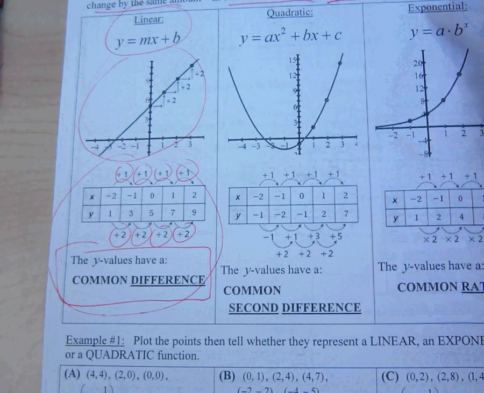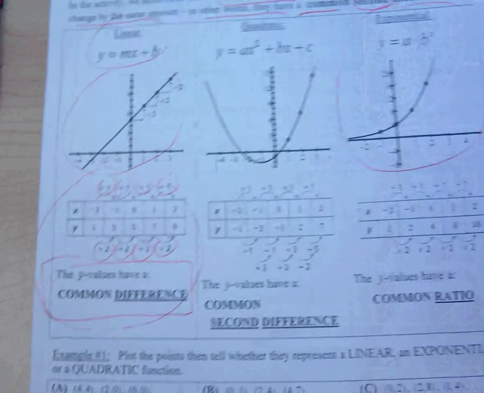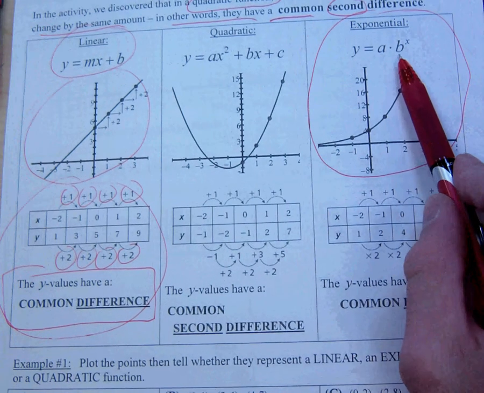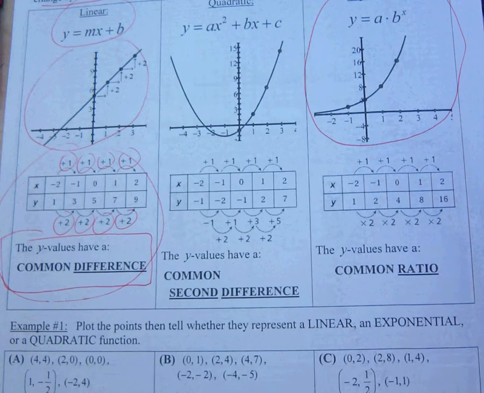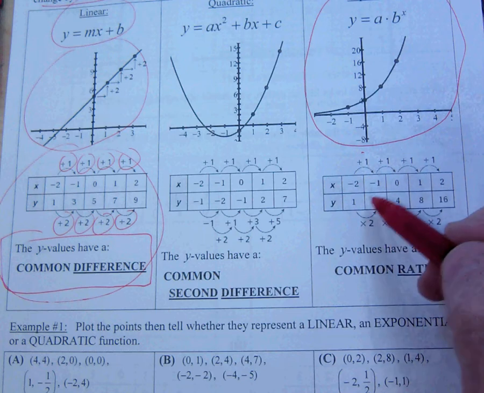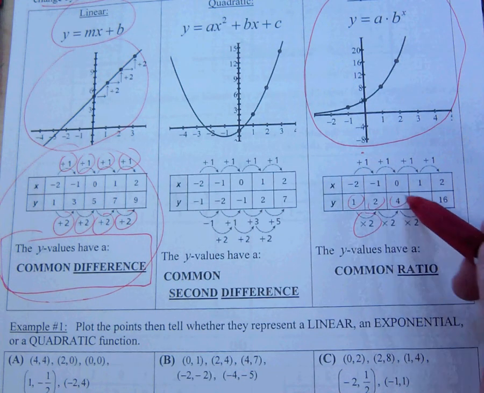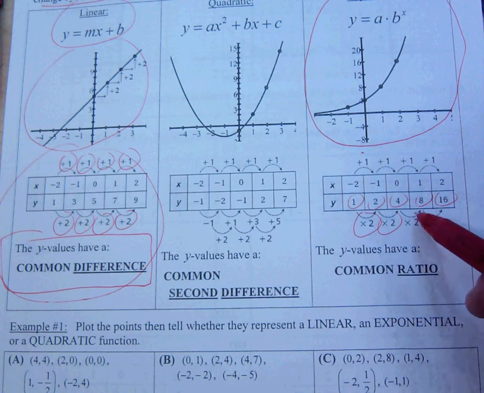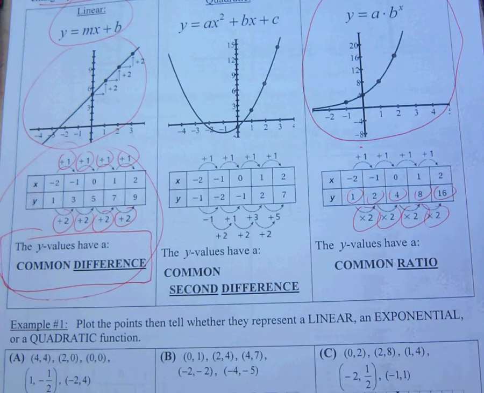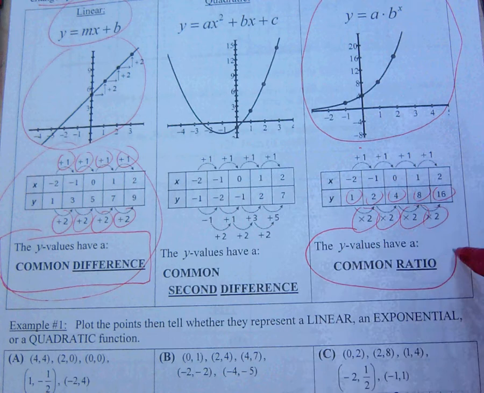And then later on in first semester, we talked about exponential graphs, which look like that. And by the way, their equations look like that. And in a table, again, what's the pattern with the y values? How do you get from there to there, or there to there? Each time you're multiplying by 2, which means the y values have a common ratio.